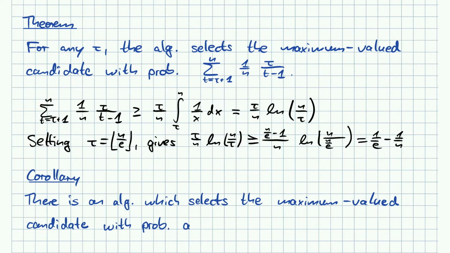Or let me now write probability at least 1 over e, to be clear that here this probability was exact, here we only have a lower bound on the probability.